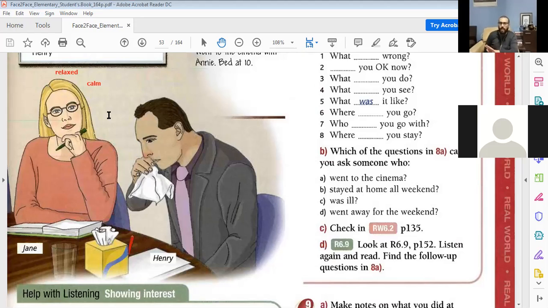So he's usually calm, or she's usually calm. This is the meaning. But I think right now in the picture, you can say she looks relaxed. Okay, but I agree with you. I think she had a quiet weekend, maybe. That's why she's relaxed. She had a nice, quiet weekend, maybe.